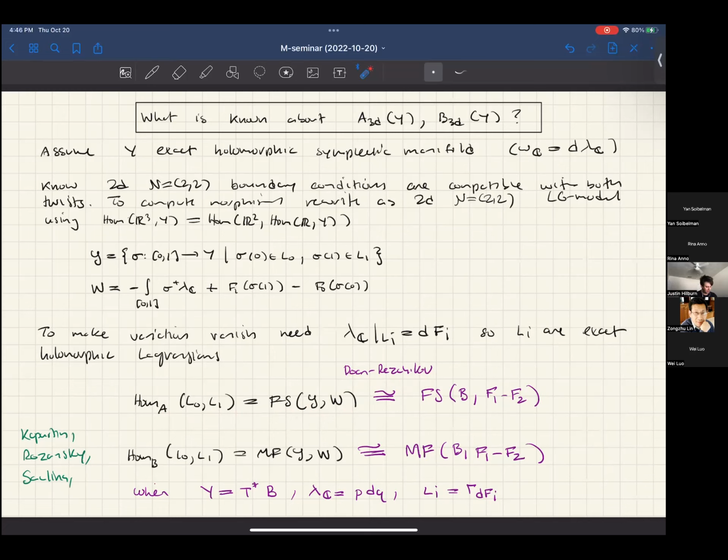And what he proved is that in the case that you have a cotangent bundle and your Lagrangians are graphs of functions, or graphs of d of a function, then this Fukaya-Seidel category of this infinite dimensional space actually just reduces to the Fukaya category of the base with the superpotential given by the difference of these two functions. So if you want to compute the Hom between the graphs of two one-forms, it's just the Fukaya-Seidel category.